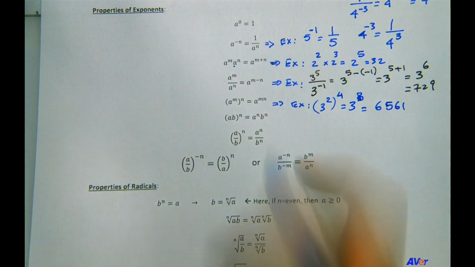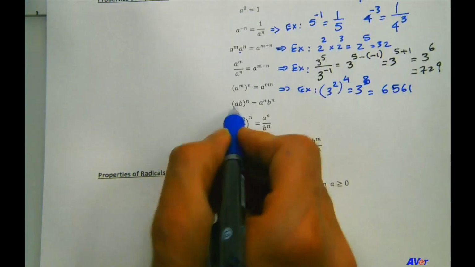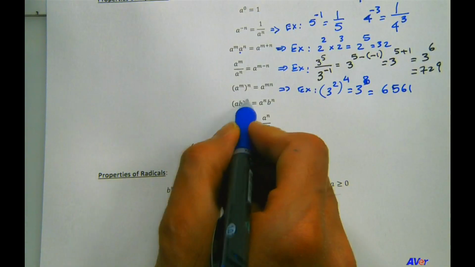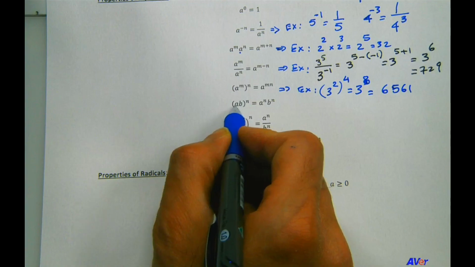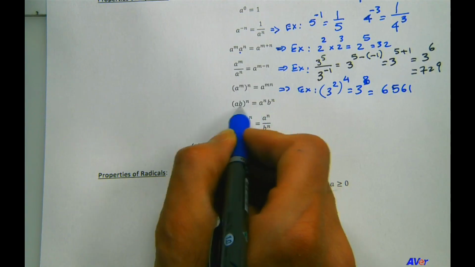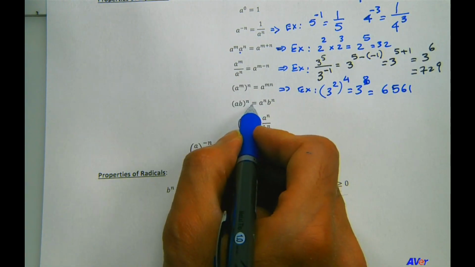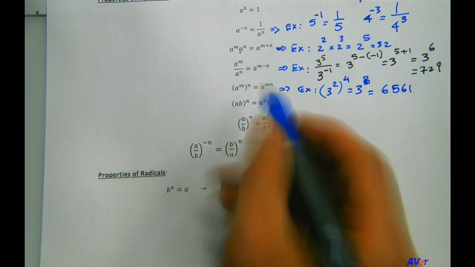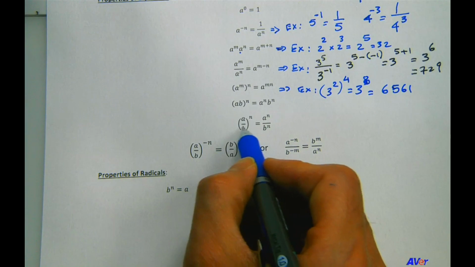If you have two terms that are being multiplied, raised to a power, you can distribute the power on the outside to each term on the inside of the parentheses. So a to the n power times b to the n power. This is true if and only if you have a multiplication operation or a division operation.